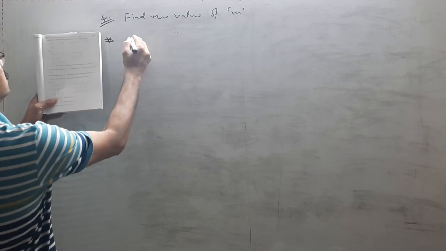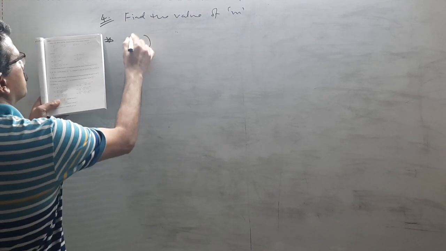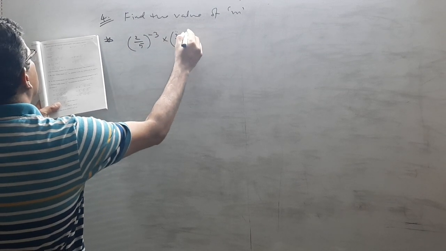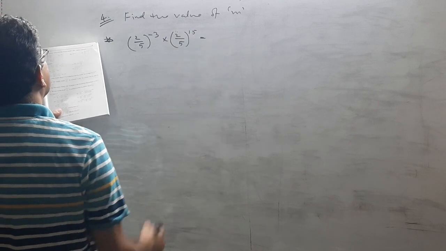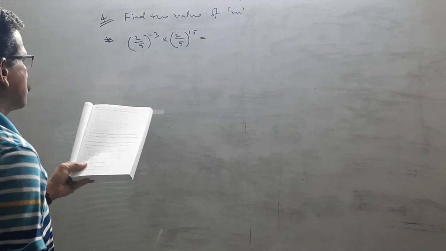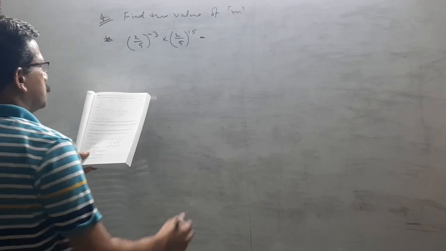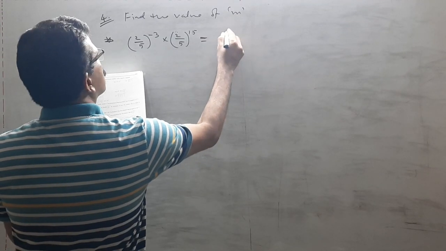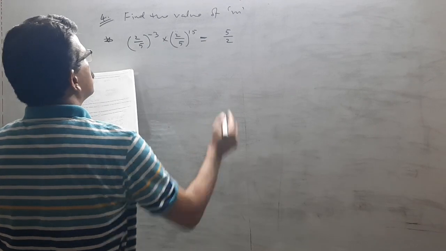Like this: (2/5)^-3 × (2/5)^15 equals (2/5)^... Let it be 5 by 2.